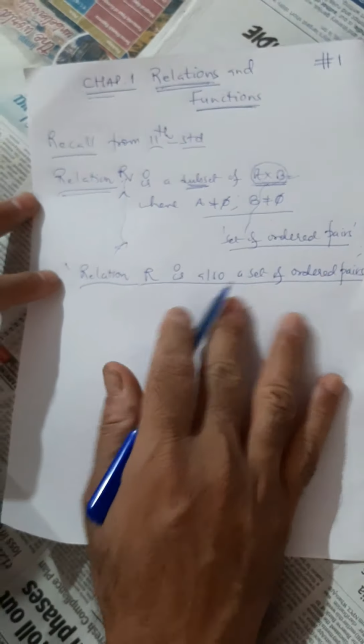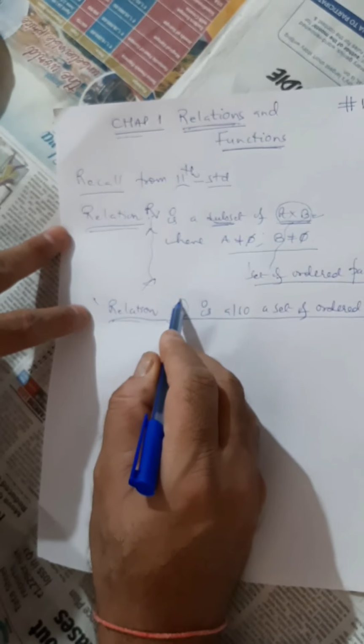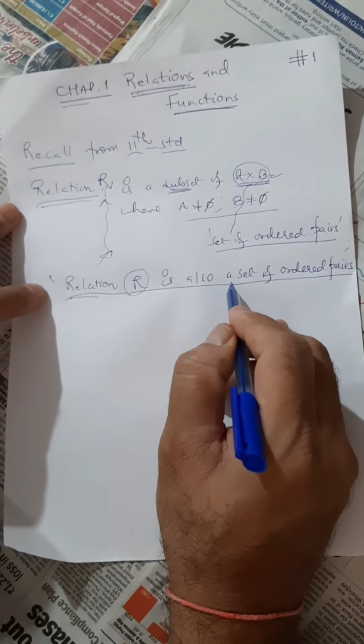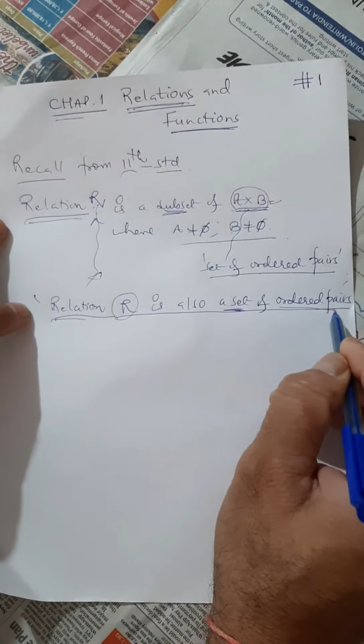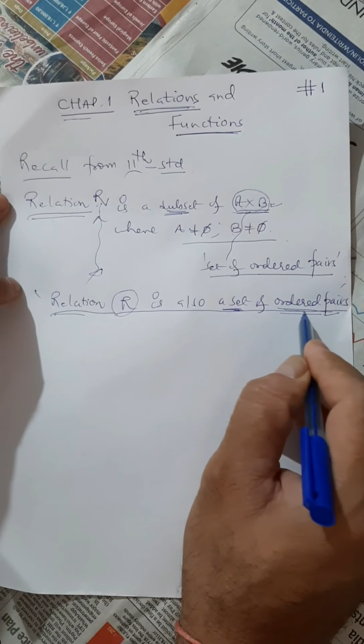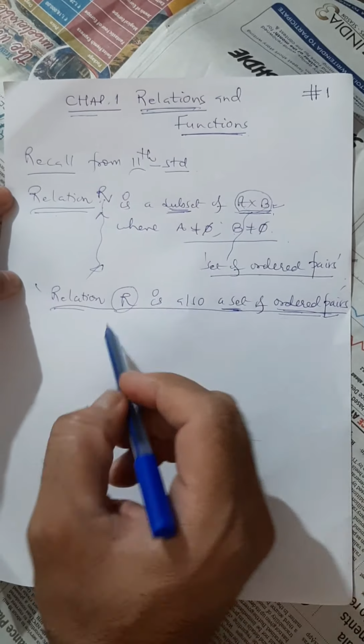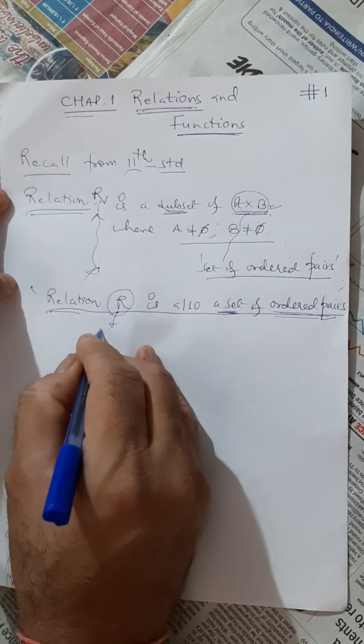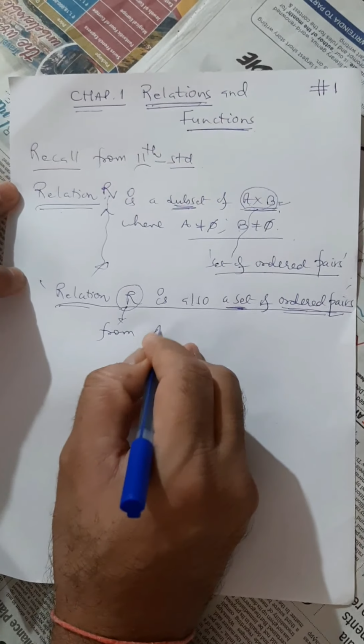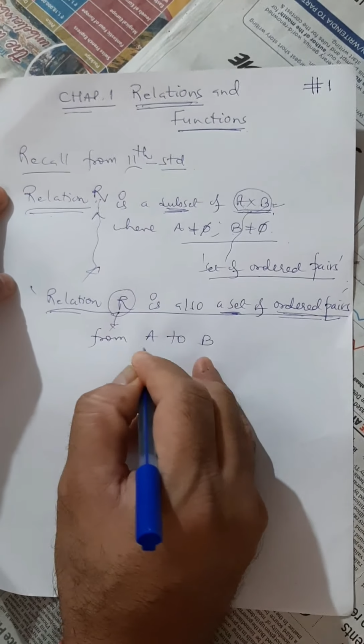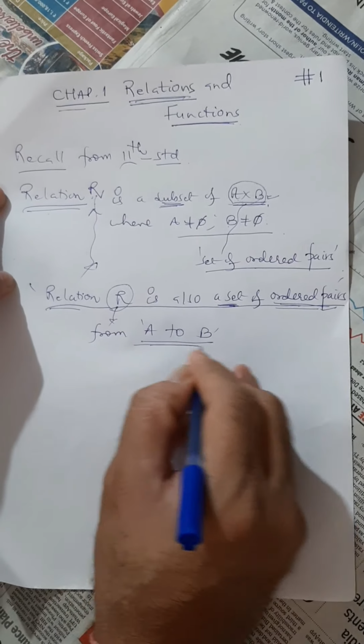So whenever we say that we have a relation R, that means we have a set whose members are ordered pairs, but these ordered pairs will come from A cross B. So sometimes this is called a relation from A to B.